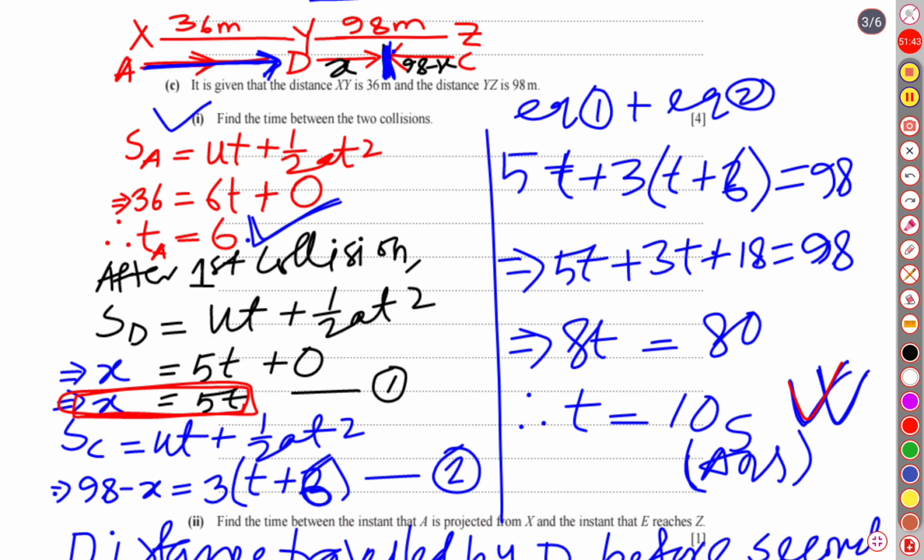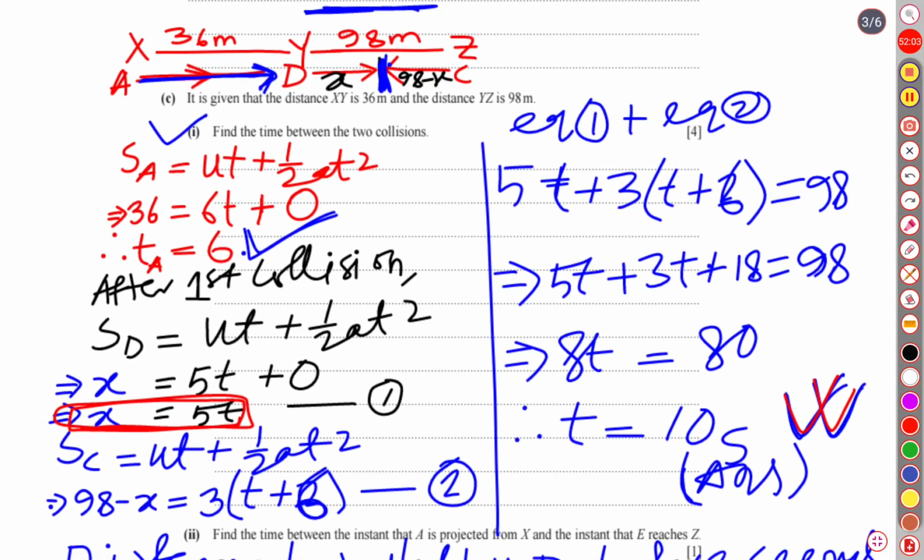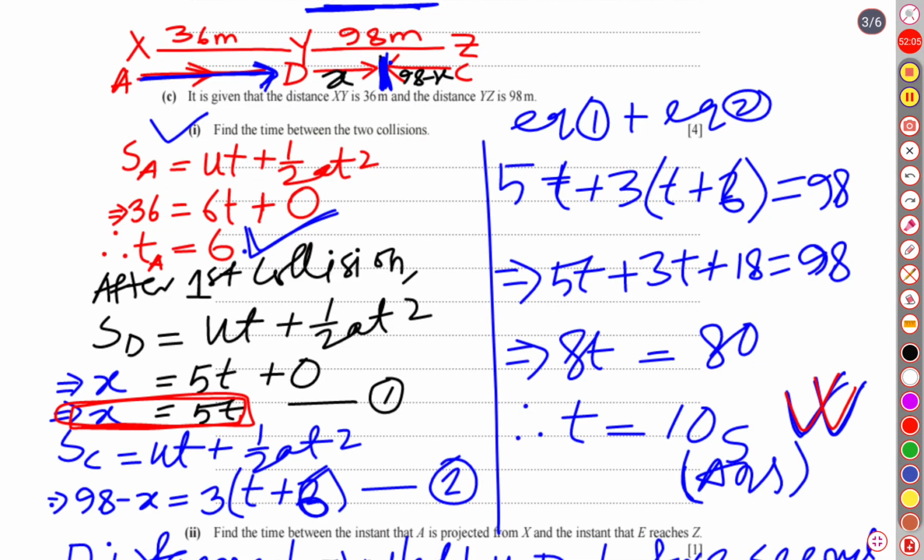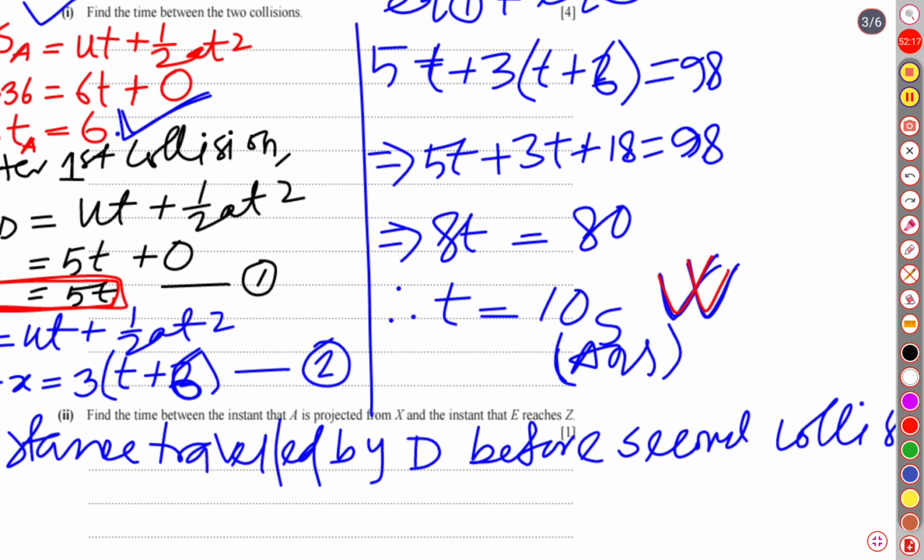We obtained 10 seconds here, so the distance traveled by D before the second collision was 5 into 10, which means 50 meters. This distance X is 50. D moved forward 50 meters.